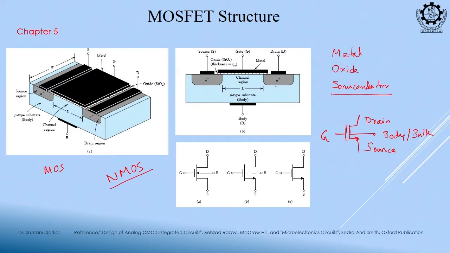On top of this P type substrate, what we will do? We will diffuse some N type element. So, this area is N plus diffusion, and on the right side also.